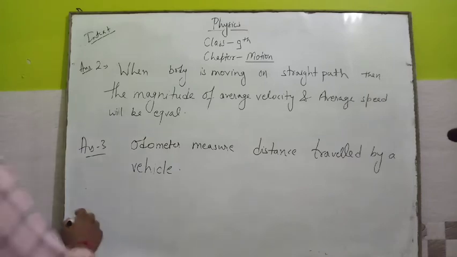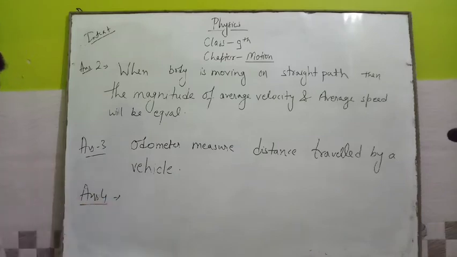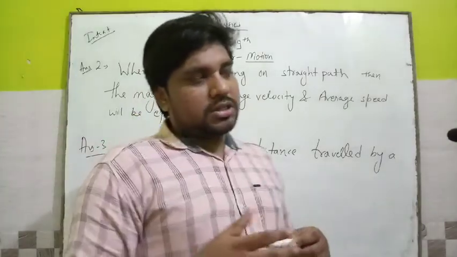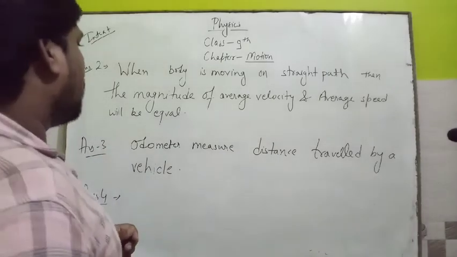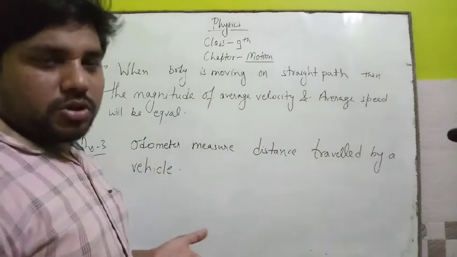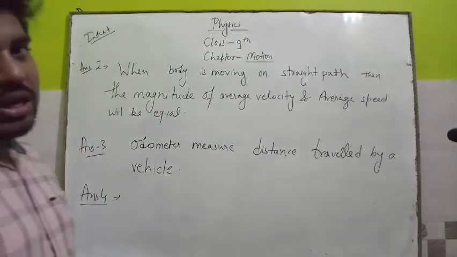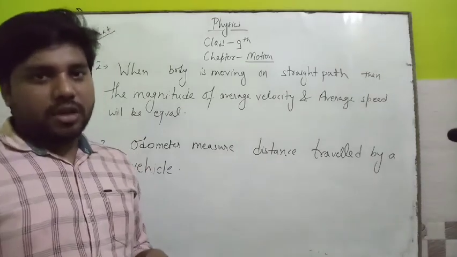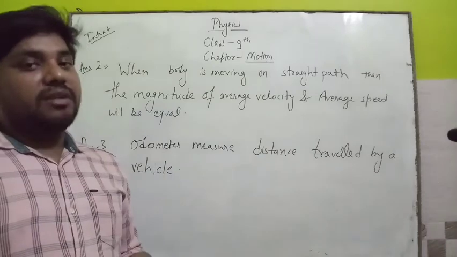Now see question number 4: what does the path of an object look like when in uniform motion? In the previous class you studied uniform motion. Uniform motion is when objects cover equal distance in equal intervals of time, and they also perform straight line motion.